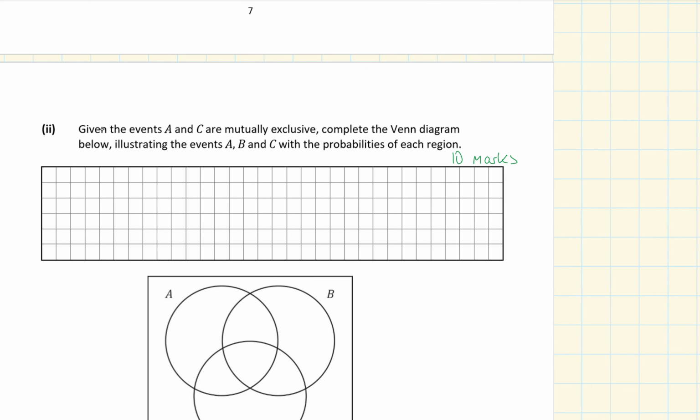Then they tell us events A and C are mutually exclusive. Complete the Venn diagram and illustrate A, B and C with the probabilities of each region. So a little bit of work to do here.